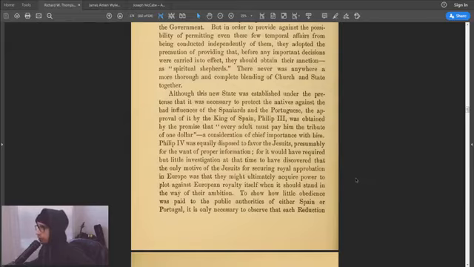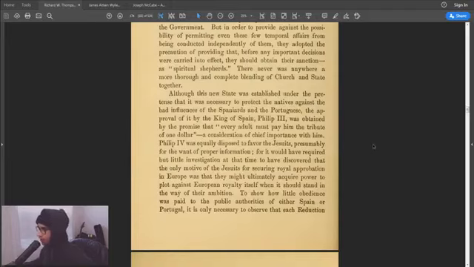Philip IV was equally disposed to favor the Jesuits, presumably for the want of proper intelligence. For it would have required but little investigation at that time to have discovered that the only motive of the Jesuits in securing royal approbation in Europe was that they might ultimately acquire power to plot against European royalty itself when it should stand in the way of their ambition.